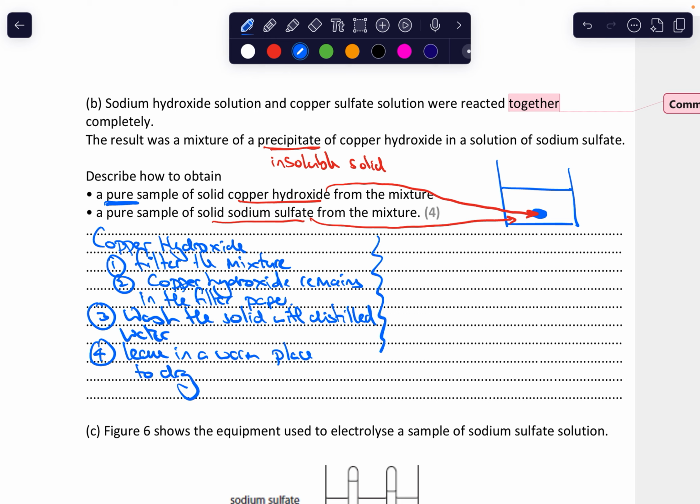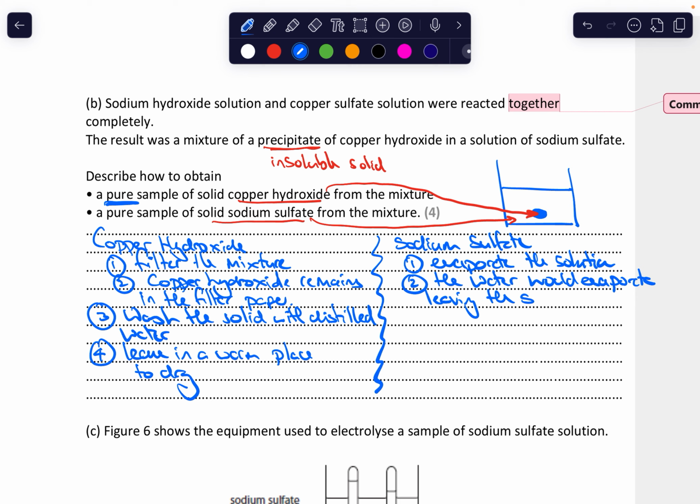On this side, let's look at the sodium sulfate. To get sodium sulfate, what we would do is evaporate the solution. So we heat it up in an evaporating basin. The water would evaporate, leaving behind the sodium sulfate.